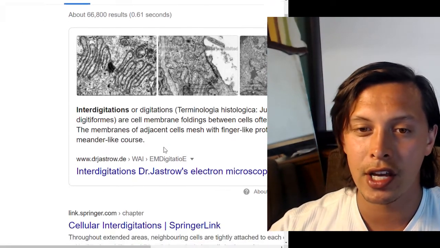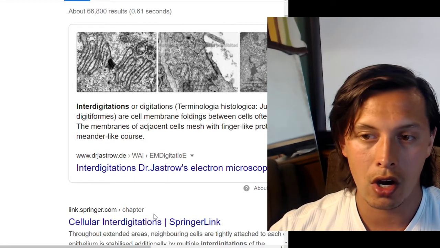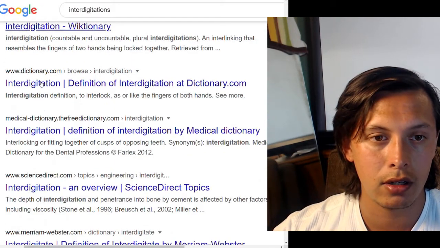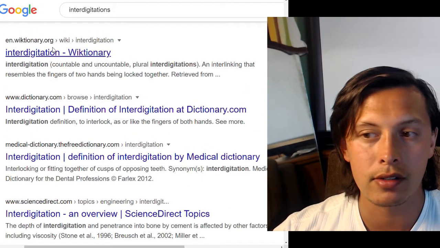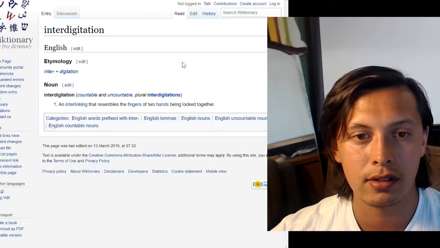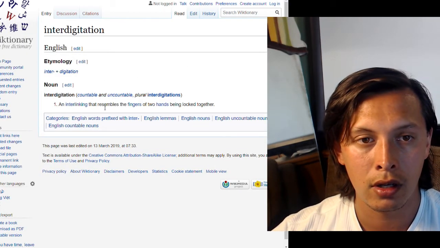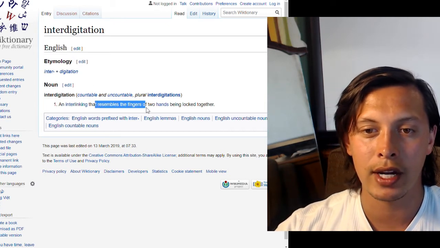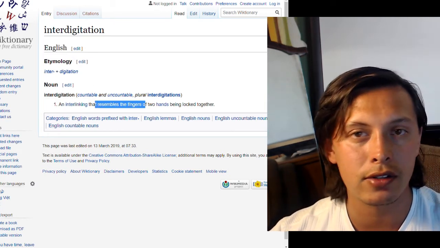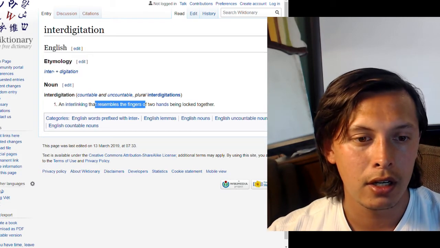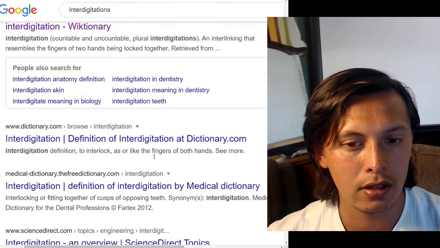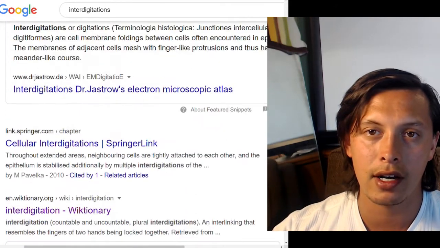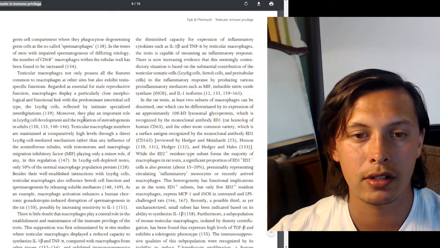But here, interdigitations or digitations are, let's go to Wiktionary, because I'm more comfortable with it: the interlinking that resembles the fingers of two hands being locked together. So yeah, I'll go with that.